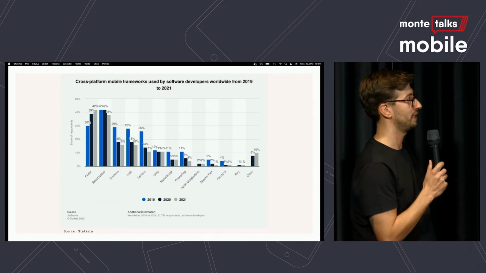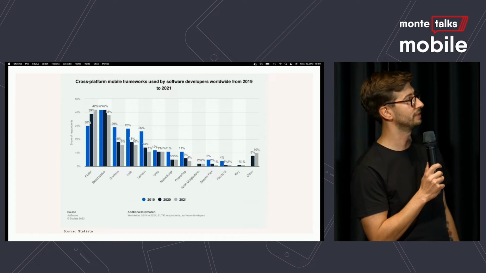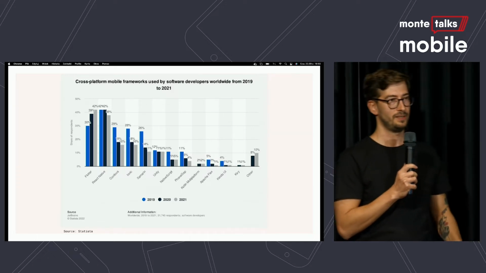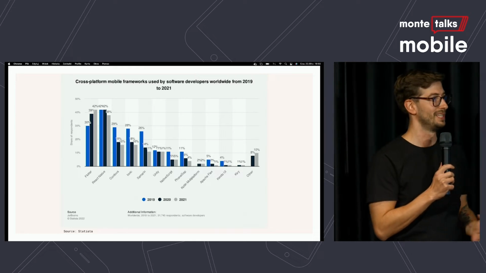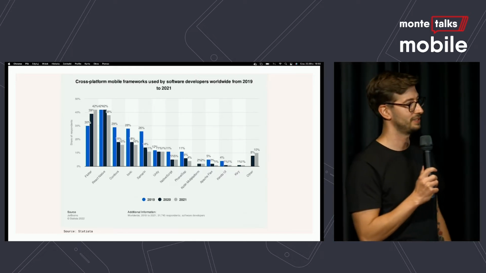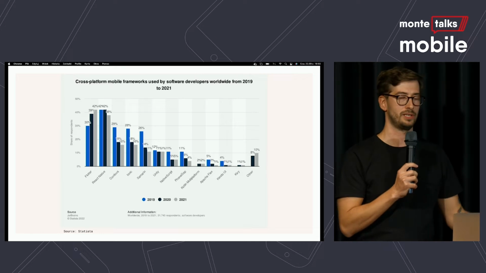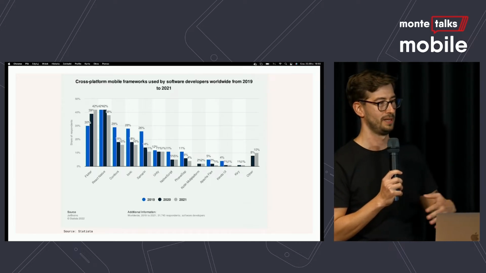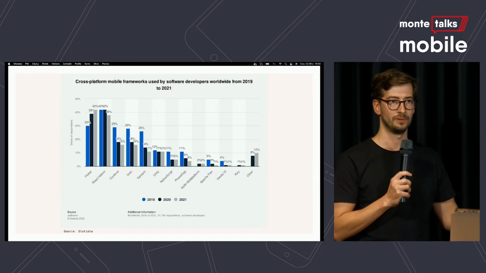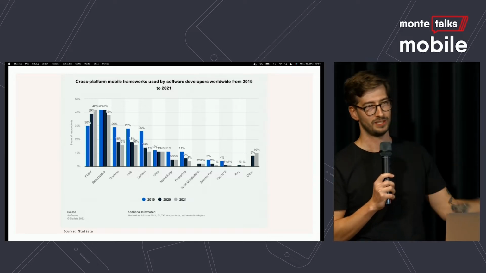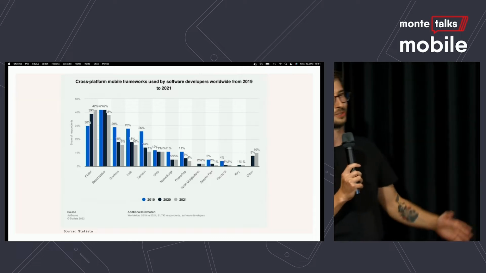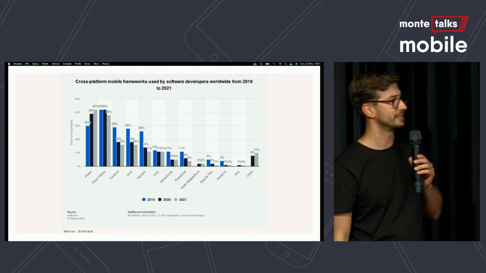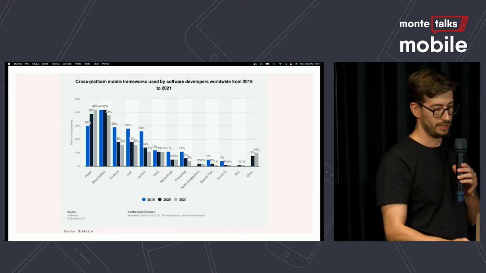In 2021, we can see that Flutter is already at the same level, or even higher than React Native. Of course, it is only a survey of developers' answers, but it shows us how popular it is. It's also relevant in, for example, the number of searches in Google for Flutter things, the number of results on the internet, the number of articles. There are a lot of things that show us that Flutter is getting really, really popular.